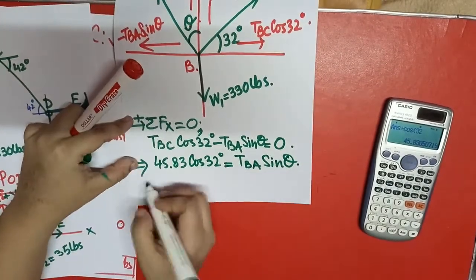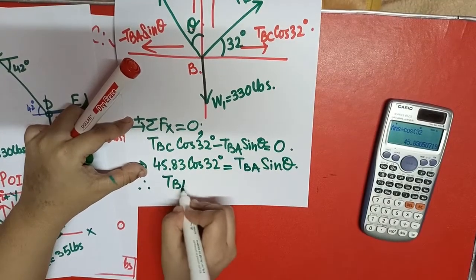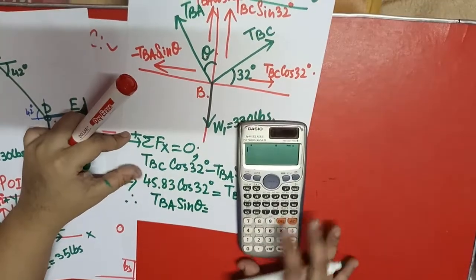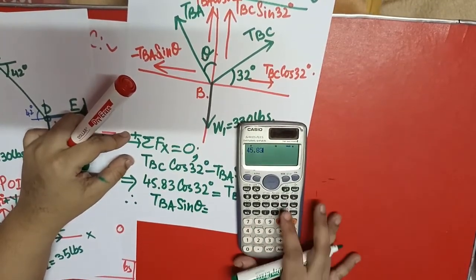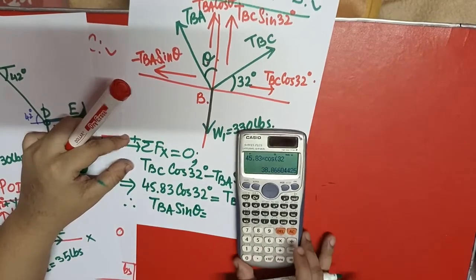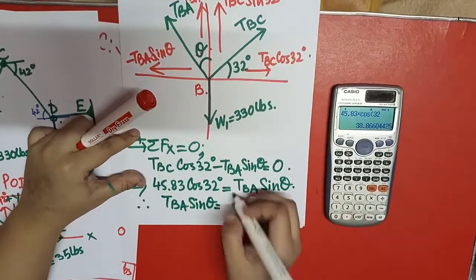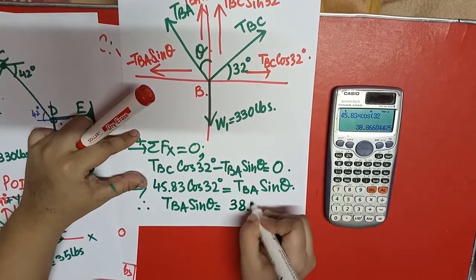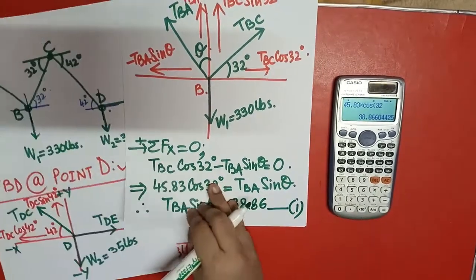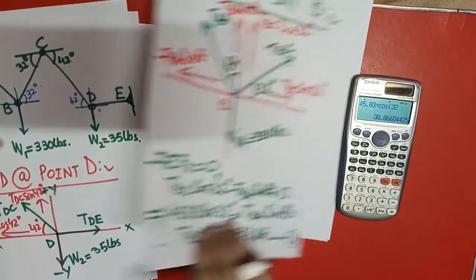Therefore TBA sin theta equals 45.83 times cos of 32 degrees, which is 38.86. This is equation 1, because TBA and theta both are unknown here.